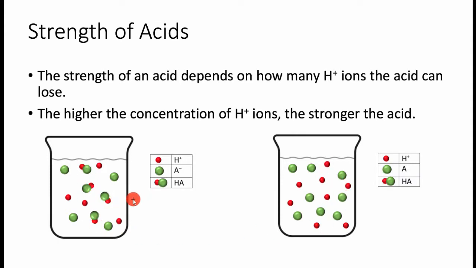Remember, the acids are going to break up and dissociate, and the strength tells us how far it dissociates, how many ions it's actually producing in solution. If we were to test the conductivity of this solution, this one would be way higher in conductivity because there are a lot more ions in the solution than for the acid on the left.